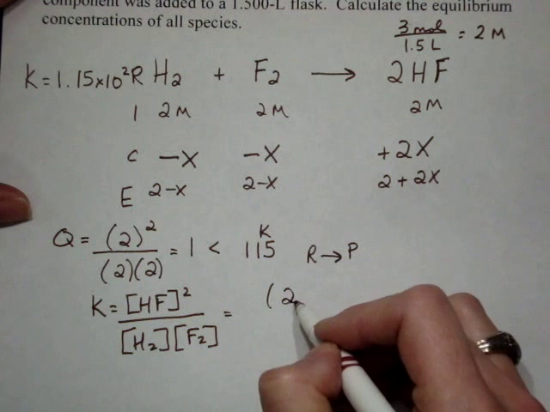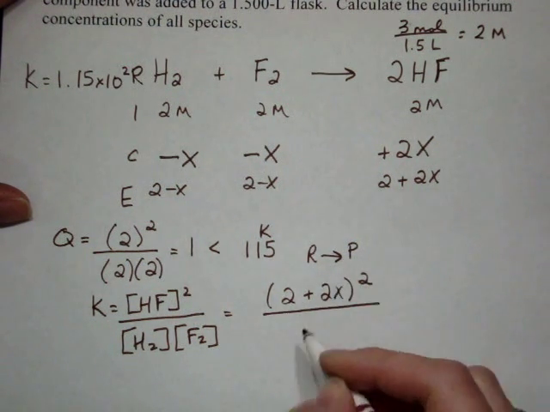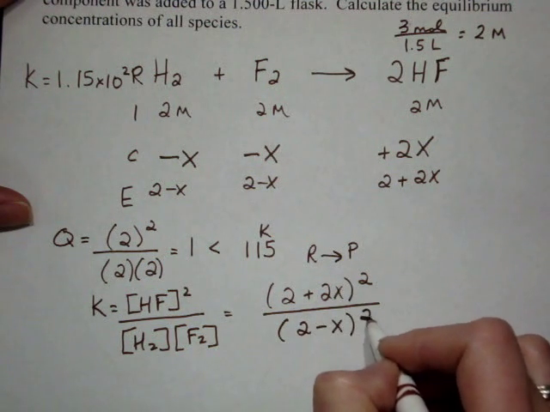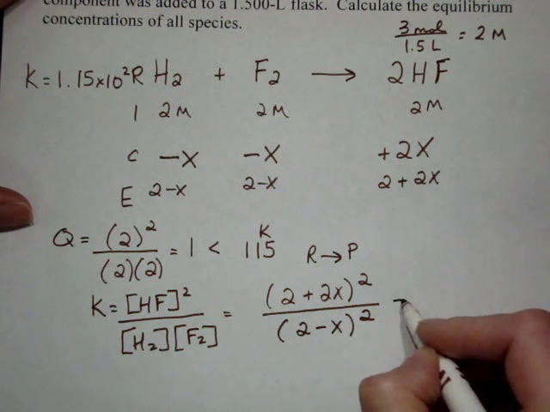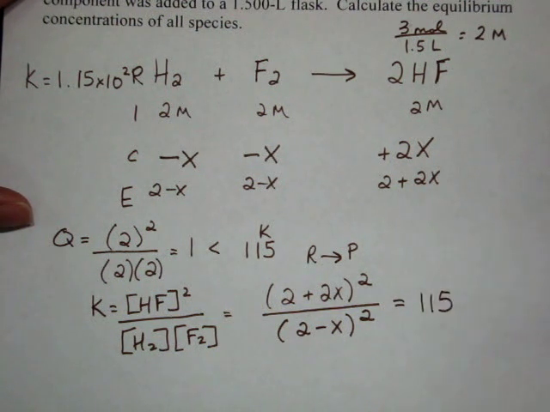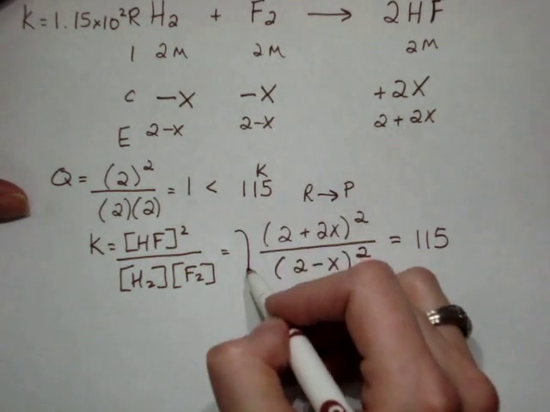So for HF, that's 2 plus 2X squared over 2 minus X squared, and that equals 115. Again, very carefully here, the HF itself is squared, but the H2 and the F2 both have the same value. So this really should be 2 minus X times 2 minus X, which is the same thing as squared. So just like I did before, I'm going to go ahead and take the square root of everything.